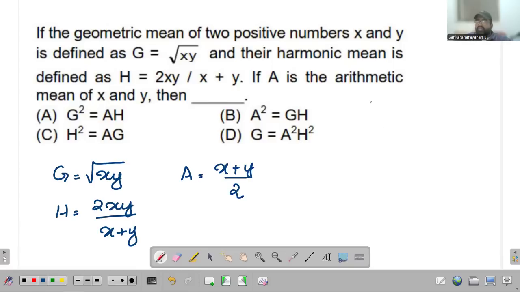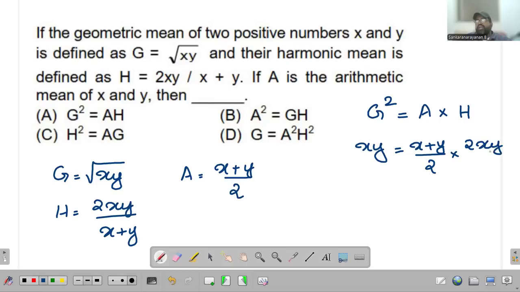We already know that G square is equal to A into H. Geometric mean square is equal to arithmetic mean into harmonic mean. We can validate it also. G is root xy, so G square is xy. It is equal to A, which is x plus y by 2, times H, which is 2xy by x plus y.